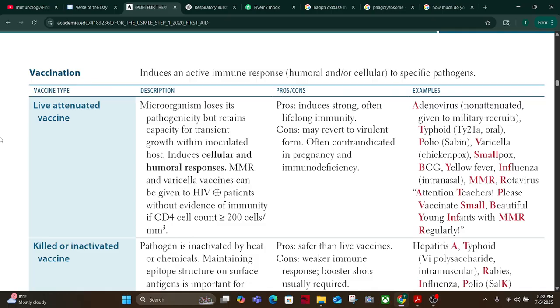Examples include adenovirus, non-attenuated, given to military recruits, typhoid, Ty21a oral, polio Sabin, varicella, chickenpox, smallpox, BCG, yellow fever, influenza which is intranasal, MMR, rotavirus.